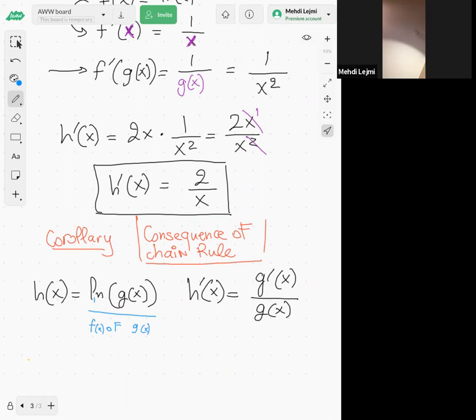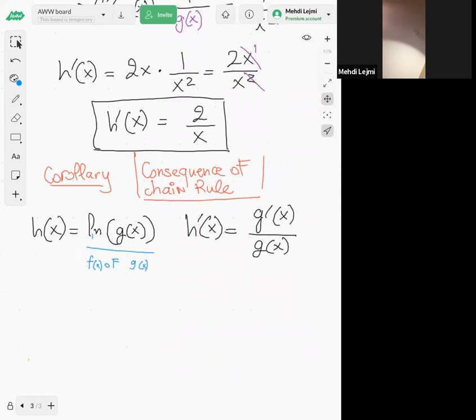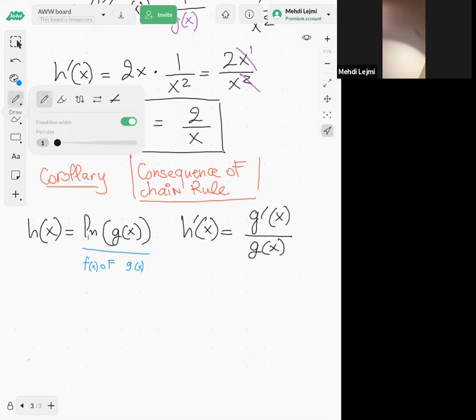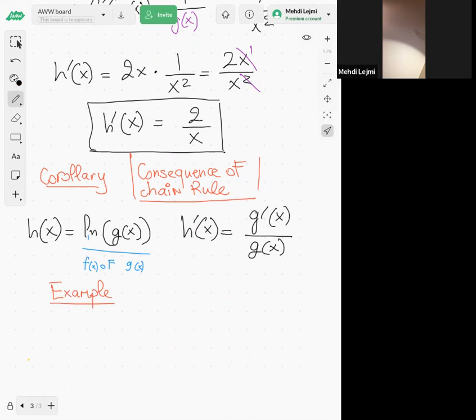So we can apply the chain rule, and we get that the derivative h prime would be g prime over g. So for example, let's try again the example we had: let's say h of x is natural log of x squared. Let's apply this rule.